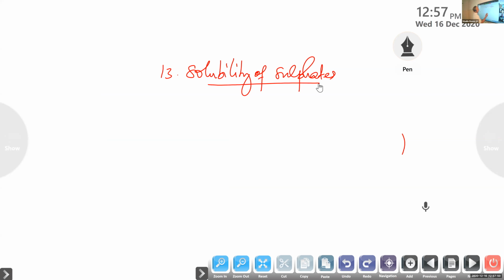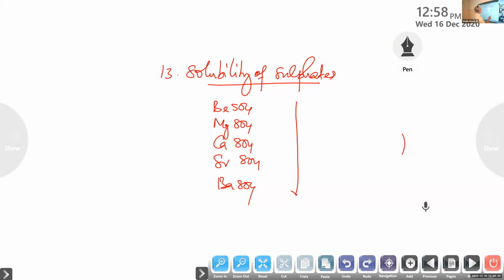Sulfates of group 2: beryllium sulfate BeSO4, magnesium sulfate MgSO4, calcium sulfate CaSO4, then strontium sulfate SrSO4, barium sulfate BaSO4. Down the group, from top to bottom, the solubility decreases.